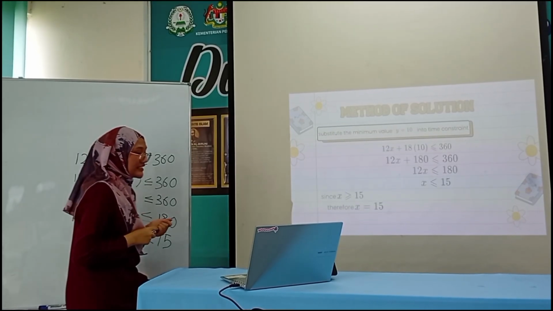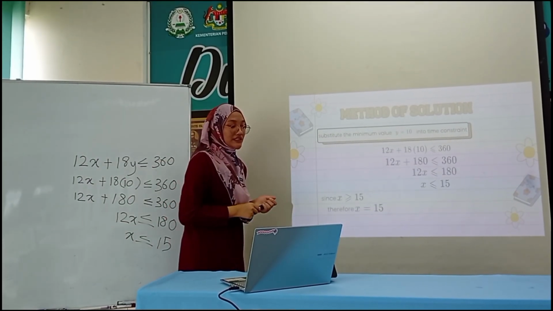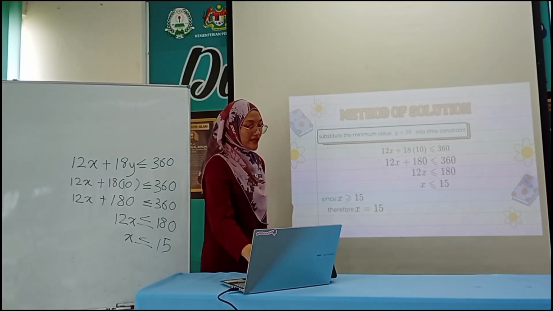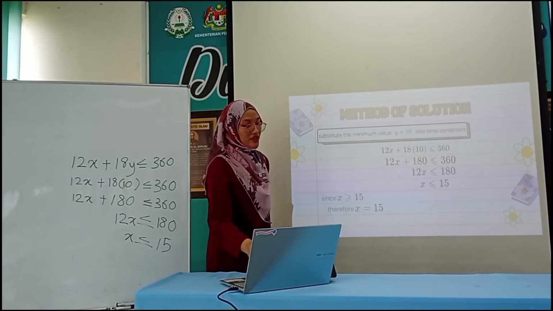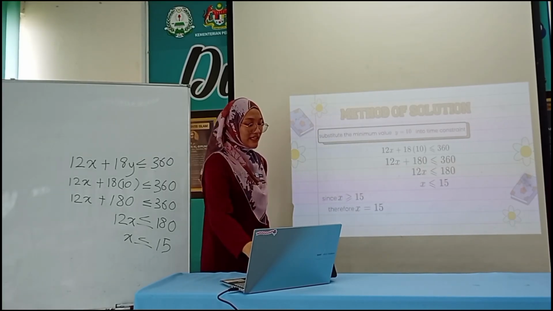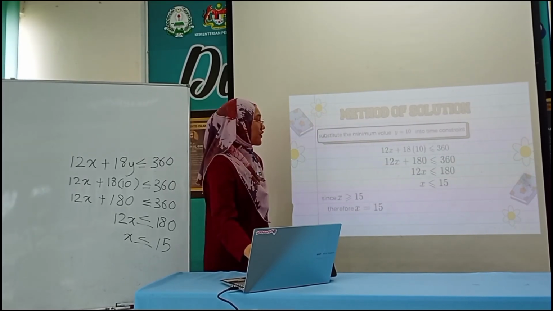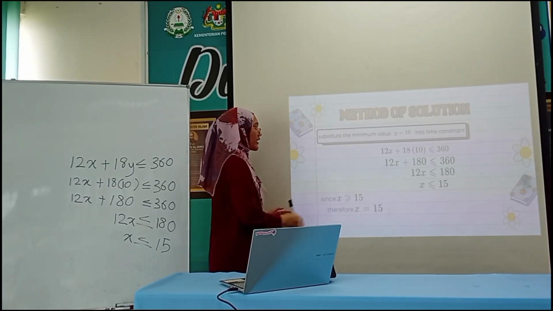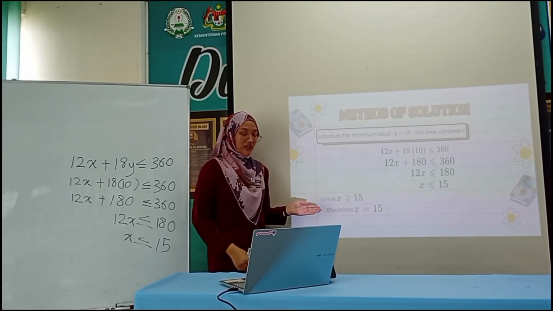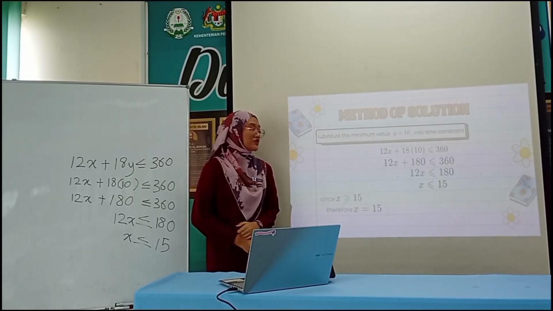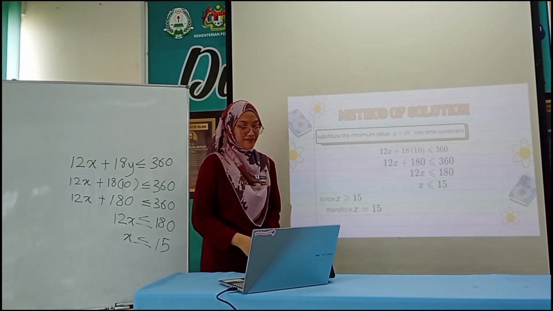So this means if you produce 10 units of y, you cannot produce more than 15 units of x without exceeding the same time limit. But from the minimum demand, x is more than or equal to 15. Therefore, the correct value is x equals 15.